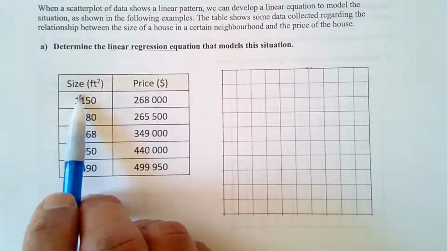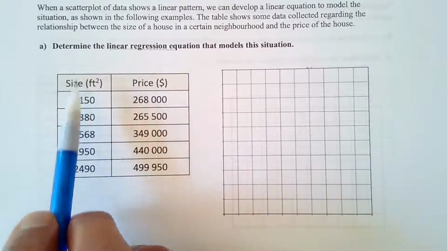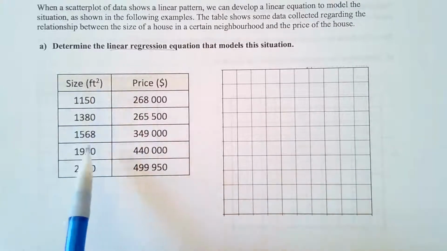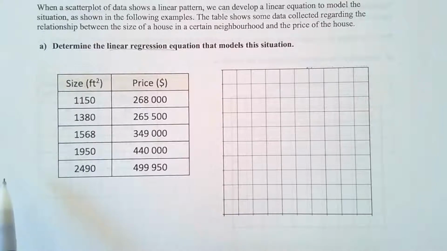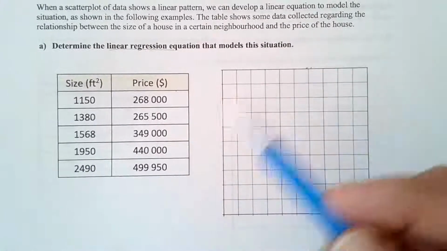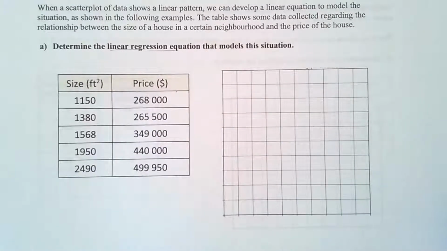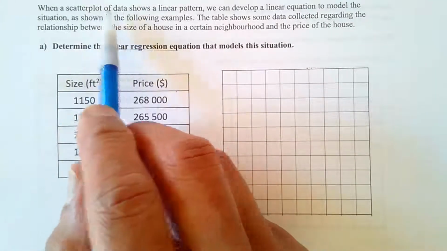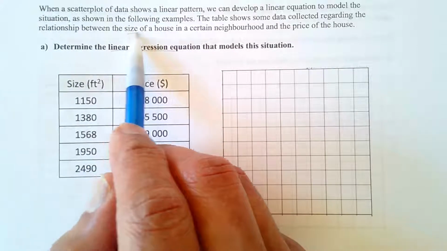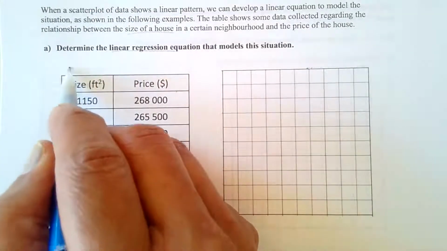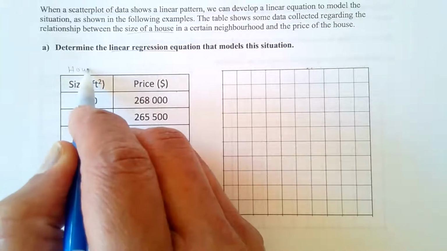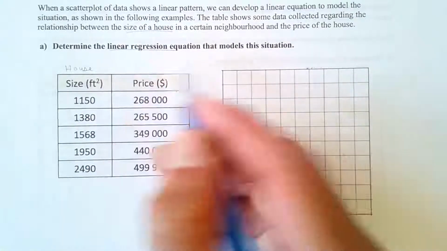So look at our data. Here we have size in square feet and the prices. These are prices for houses. We're looking at the size of houses. So for a scatter plot, here we have the house size, and here the price.